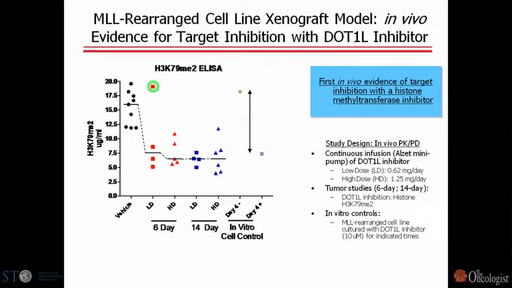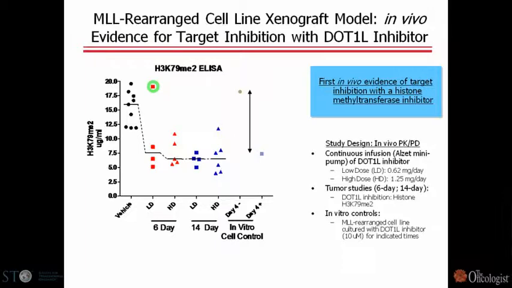And most recently, we've taken a compound in vivo. This compound had very poor pharmacokinetic properties, and so we did this through a MiniPump where we could get continuous exposure, and we overshot. So we did 2 doses, a low dose and a high dose, for 6-day coverage and 14-day coverage.